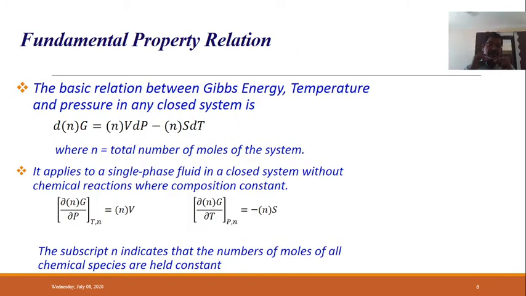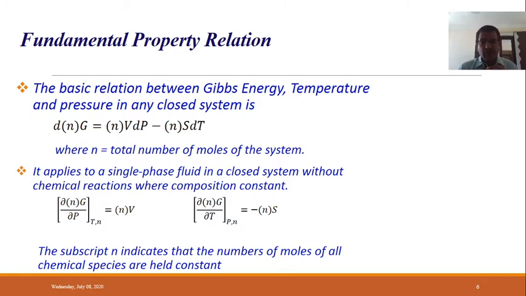Coming back, now we'll start the first topic of this particular module or unit, that is fundamental property relation. Already we have discussed one relation, the relation between Gibbs energy and temperature and pressure for a closed system.